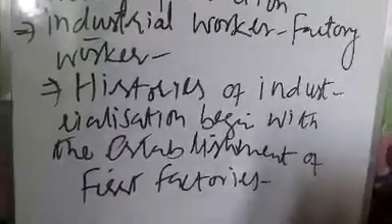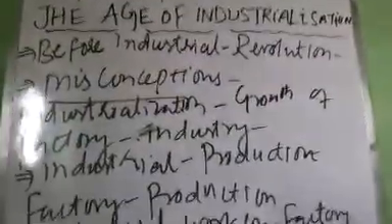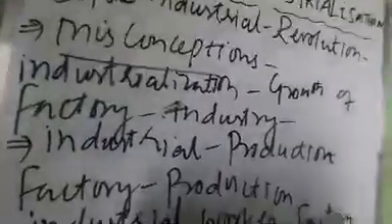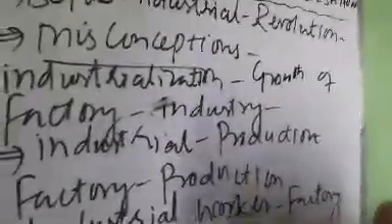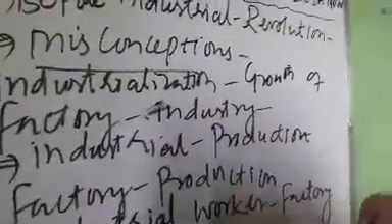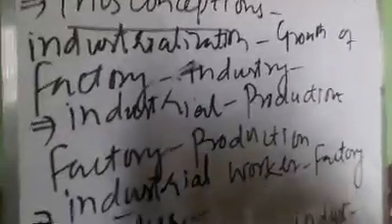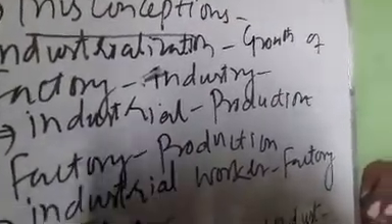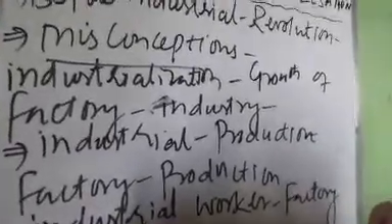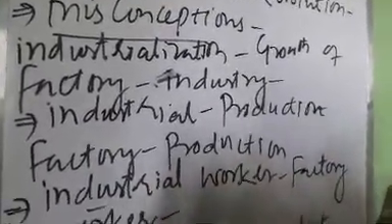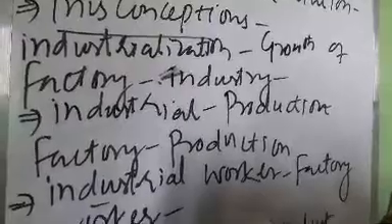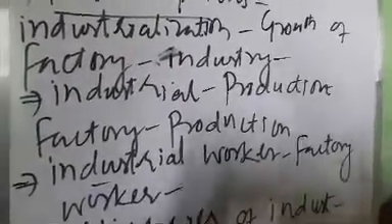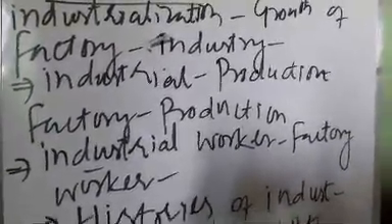When people say industrialization, they mean the growth of factory industry; industrial production means factory production, and industrial worker means factory worker.